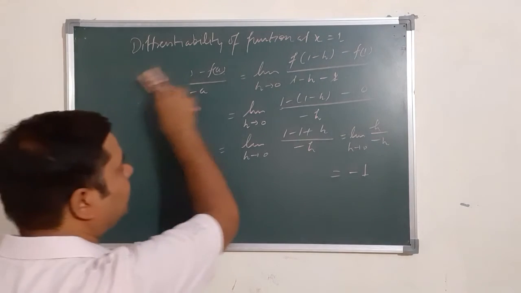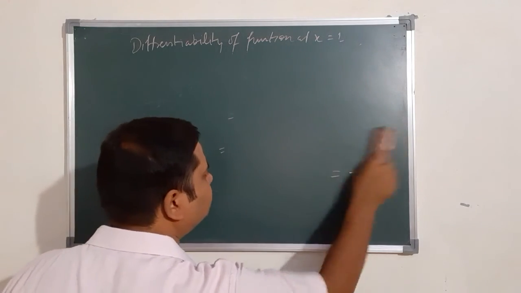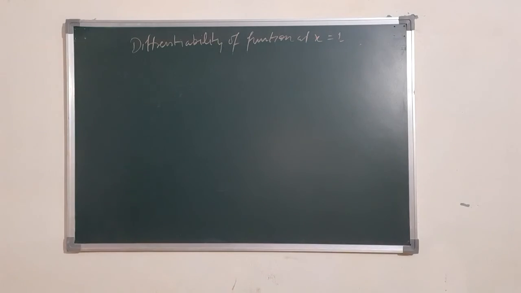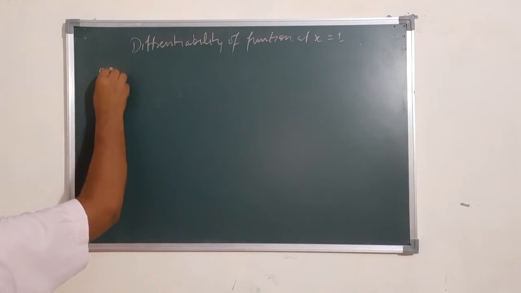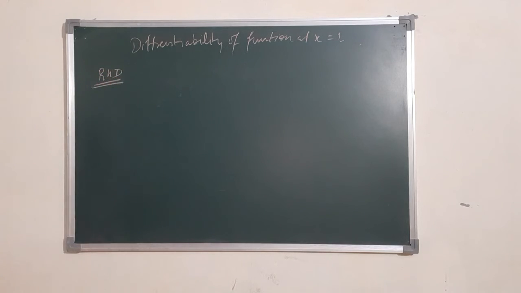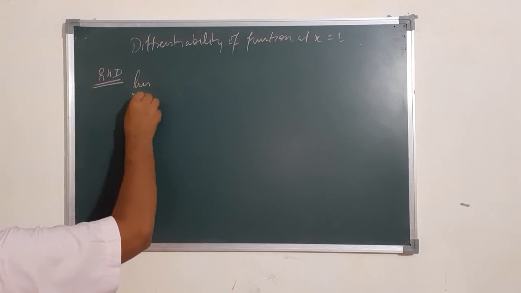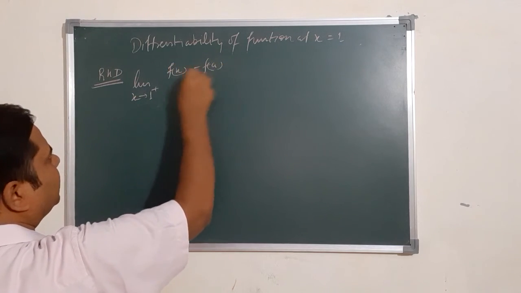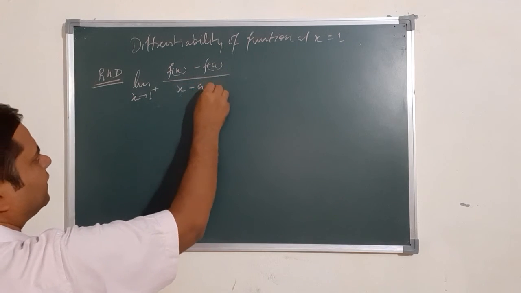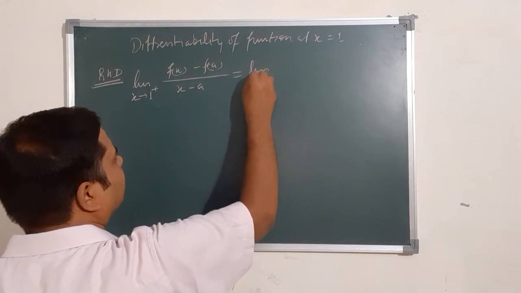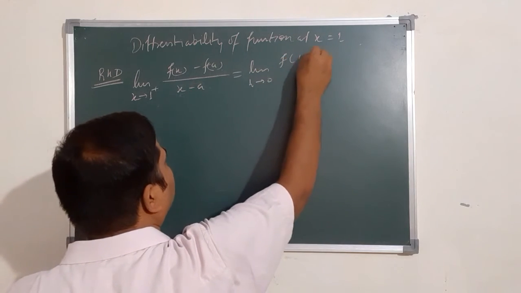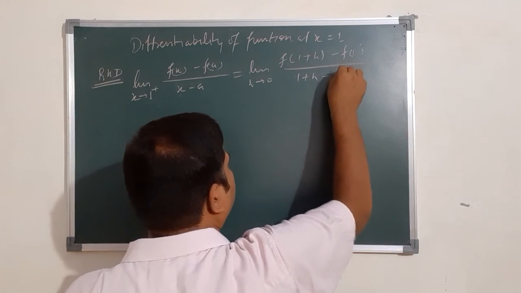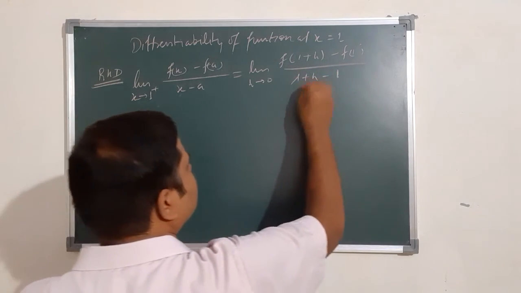We are going to write here, RHD, that means right-handed derivative, limit x tends to 1 plus, f(x) minus f(a) divided by x minus a. This is nothing but limit h tends to 0, f(1 plus h) minus f(1) divided by 1 plus h minus 1. So this is cancelled out.